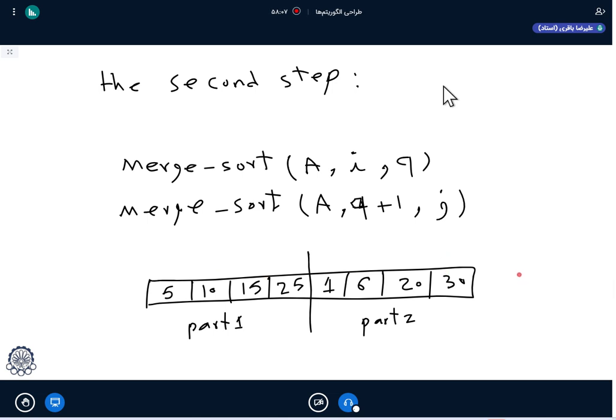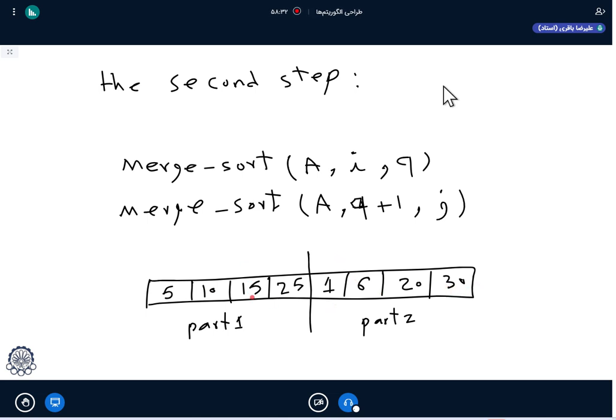So in the third step, we should combine the solutions of the subproblems and compute the total solution. I mean, the first part is sorted, the second part is sorted, but the total array is not sorted.